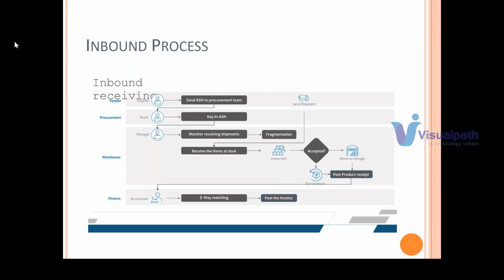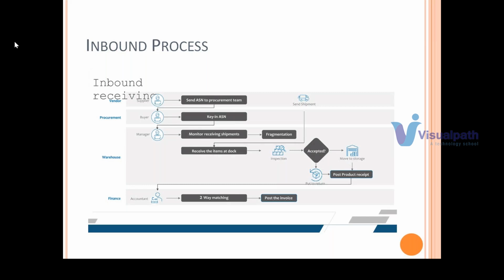Once that has been done, the finance part is considered to perform the invoice, two-way or three-way invoice matching, and also the settlement based on the invoice. So the inbound process is a main process where we purchase goods from the vendor.